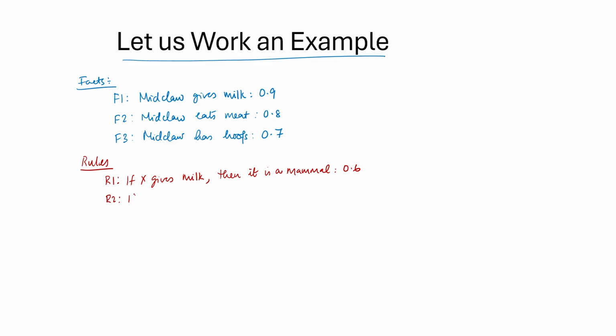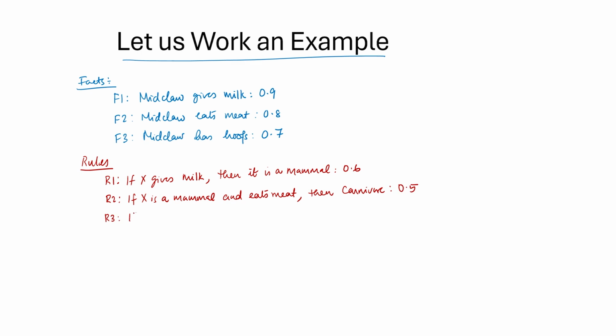R2: if X is a mammal and eats meat, then carnivore, we give it 0.5.